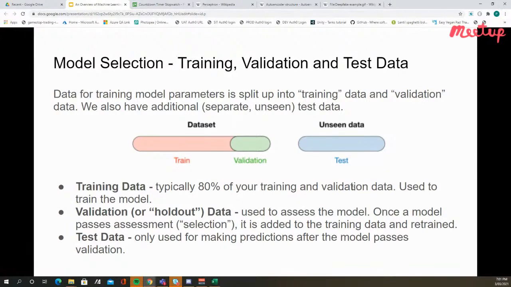And then if your model passes validation, then you test it on previously unseen data, a separate test data set. And only if you're happy will you be content with your model and send it off to production or use it for its desired purpose.